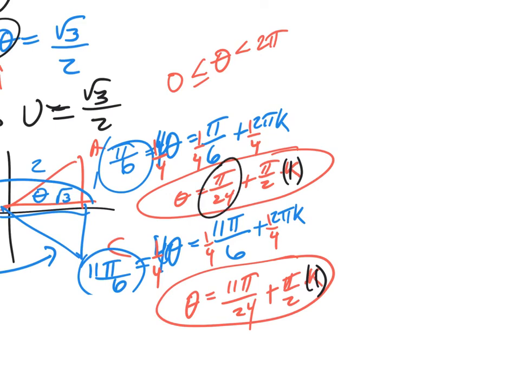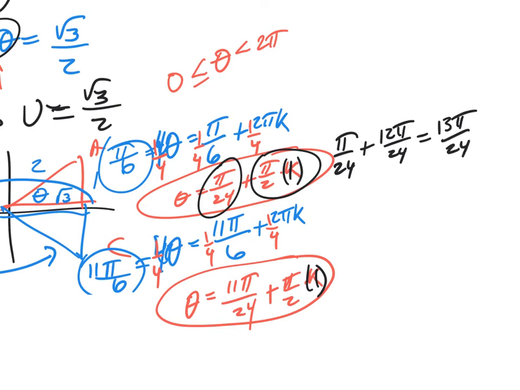So that would be pi over 24 plus pi over 2. And since I'd rather have that be in 24s, that's pi over 24 plus 12 pi over 24 would be 13 pi over 24. That's one of my 8 answers.